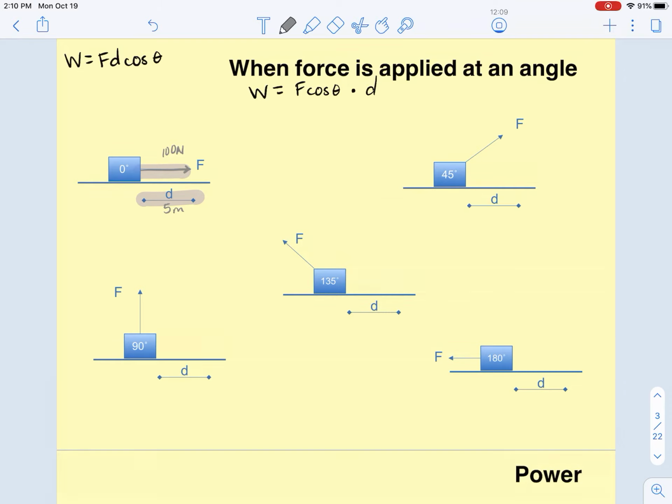My displacement is along the horizontal axis. So when I plug in my numbers, this is 100 times the cosine of 0, because that's what the angle would be between those two vectors, times 5. And so in this case, we would have a value of 500 joules of work that act on this crate.